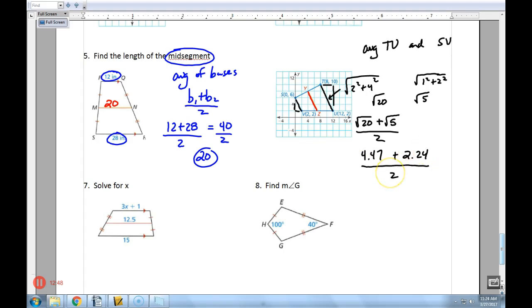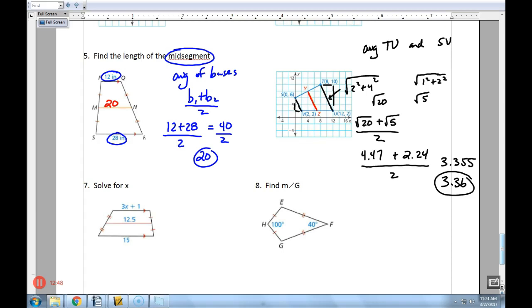Add those together, divide by 2. So 4.47 plus 2.24, divided by 2, gets about 3.355, 3.36 maybe, somewhere in that area, 3.3, 3.4. I don't really care. If you can get down to there, you're doing very well. Key idea is you average the two and you have to find the distance.